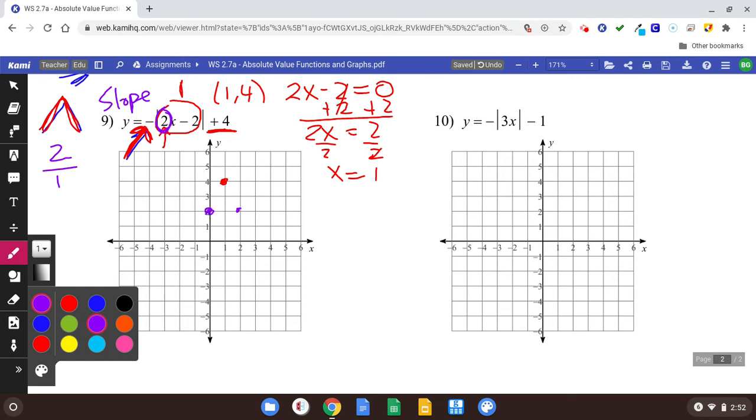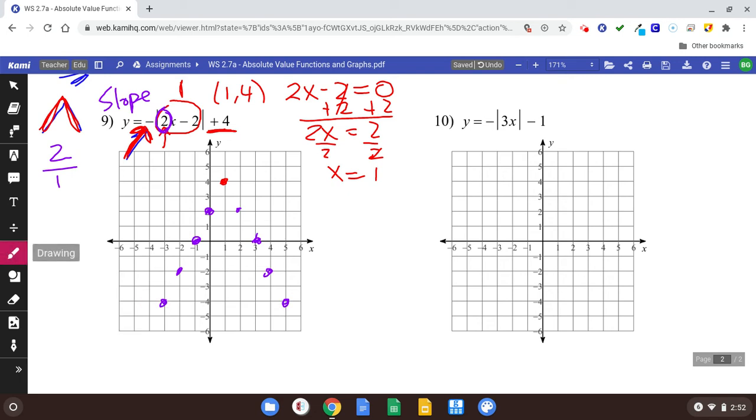Down 2 and over 1. Do it as many times as you want, or until you run out of room. The result is still a V shape, but it's just a little bit steeper V shape. Label your vertex 1, 4.